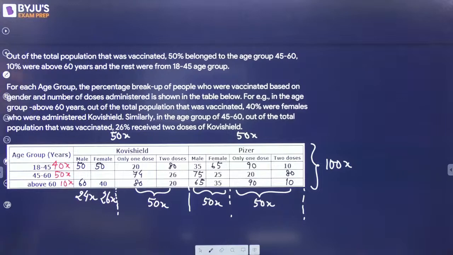Is it true that for every age group it's going to be 50%, as in they are equally divided? Above 60, out of the total population that was vaccinated, 40% were females who were administered Covishield.